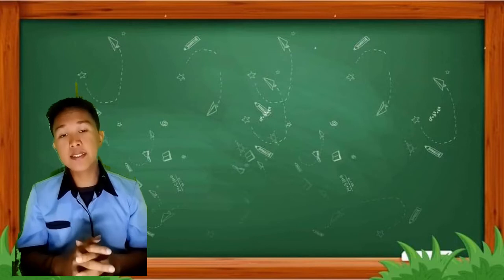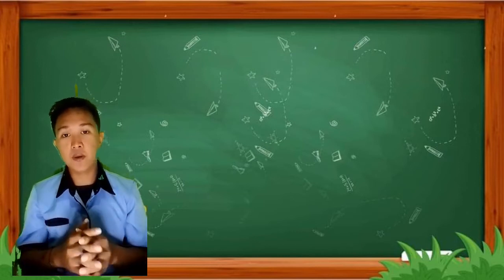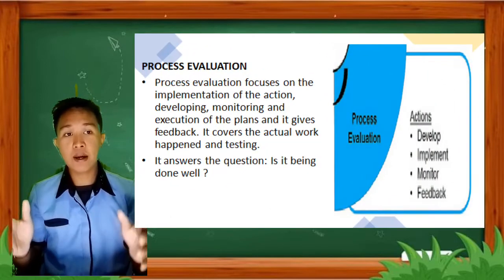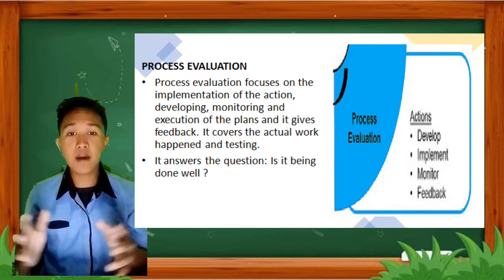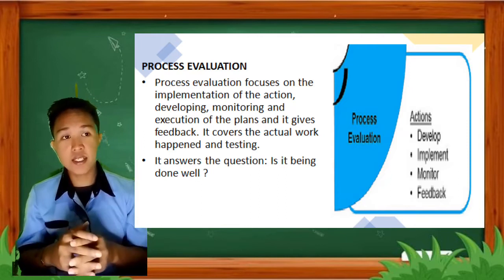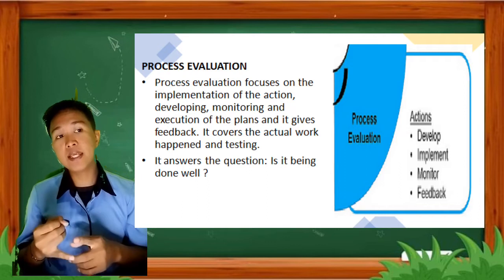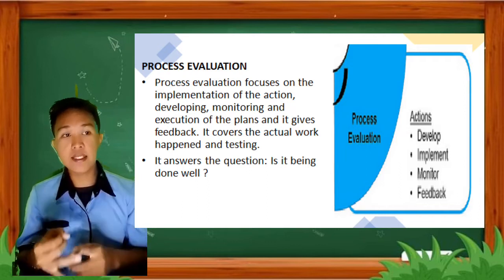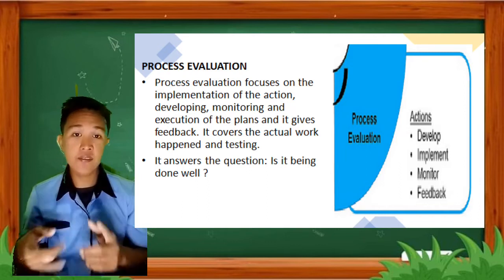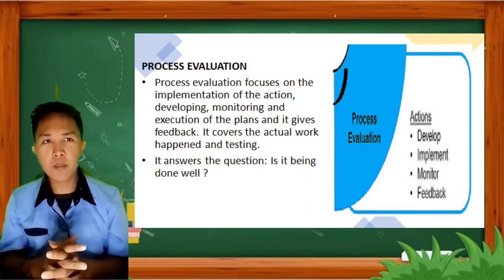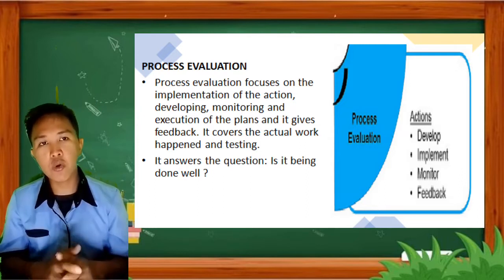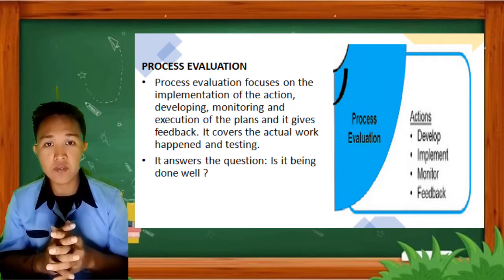Okay, next, let's talk about process evaluation. So here in the process evaluation, we have actions. First is development, next is implement, next is monitor, and lastly feedback. So what is process evaluation?